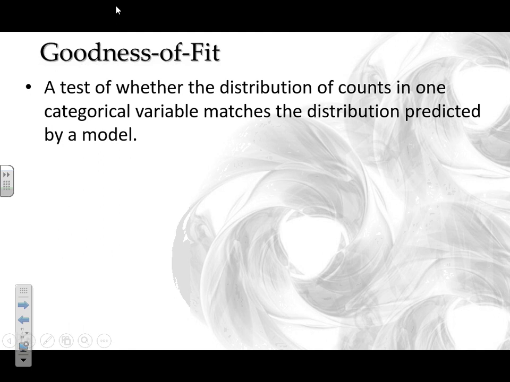So another way of thinking of that, or being able to identify a goodness of fit test fairly easily, it is one sample with one variable. One sample with one variable.